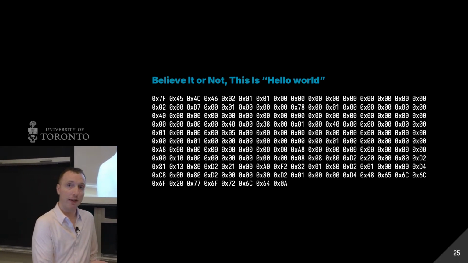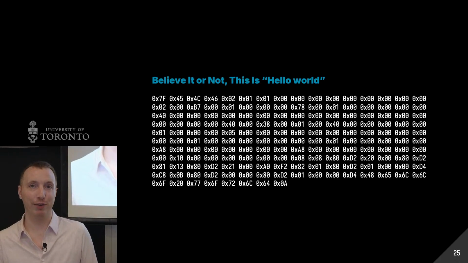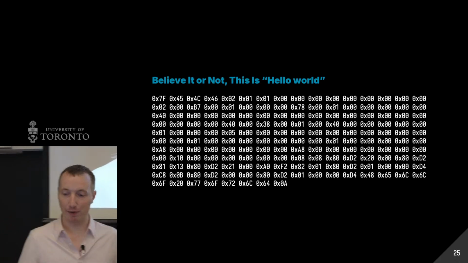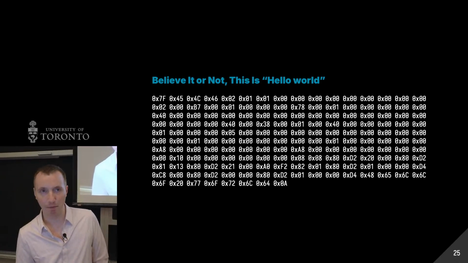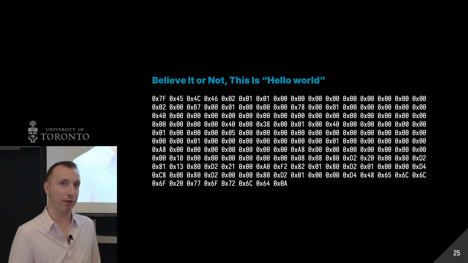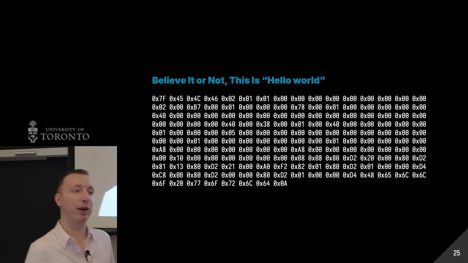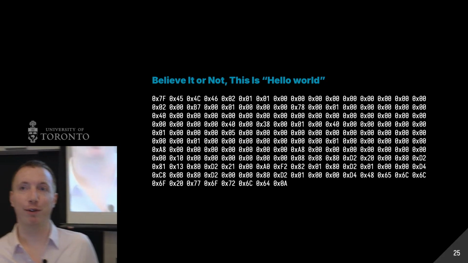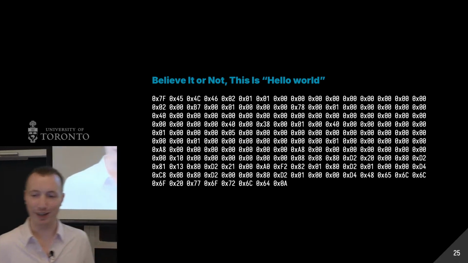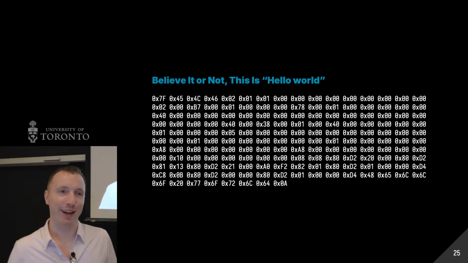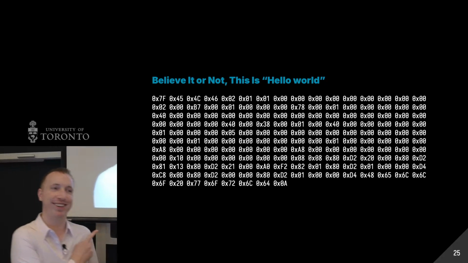But this is actually hello world in an executable that you can actually run on Linux that is very, very short. In fact, the number of bytes here is less than 200. It's less than 150, I think. And if you run this, it will print hello world, which for some reason is even shorter than hello world in C. So I would argue that this is the first hello world that you should see because this is how a computer works.